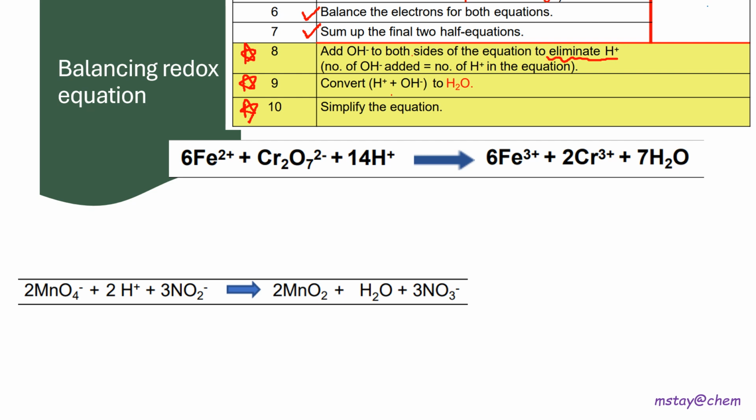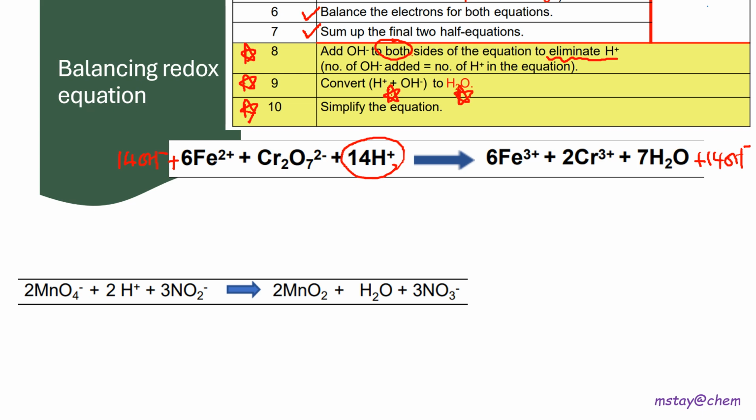If there is 14 H+, I am going to add 14 OH- at both sides, not just the left hand side, but also the right hand side. This is to ensure that all the elements at the left hand side and right hand side are balanced, including the charge.